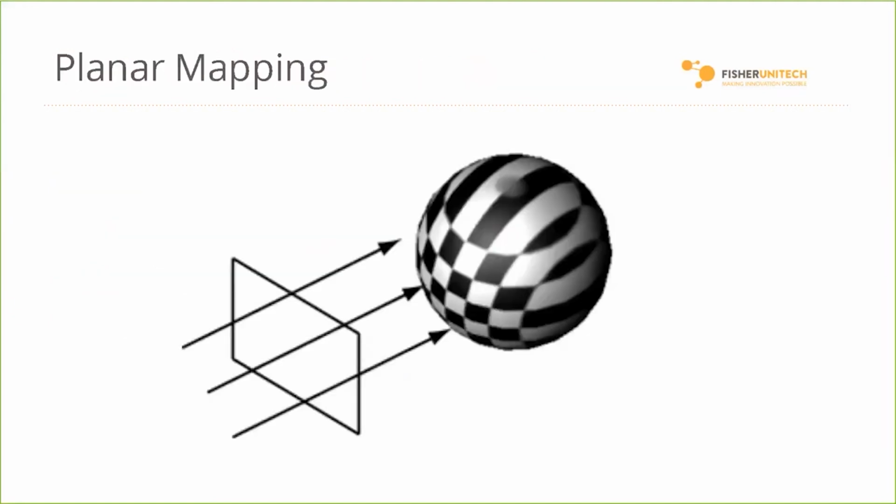So planar mapping is when you have literally a 2D plane and you're pushing it towards an object. So if you're doing a planar map onto a sphere, you're going to have skewing on this axis here. So planar mapping, while it might work great for something that is just a planar object, really doesn't lend itself very well to things that have complex curvature.